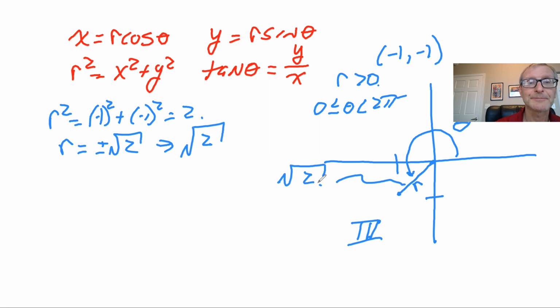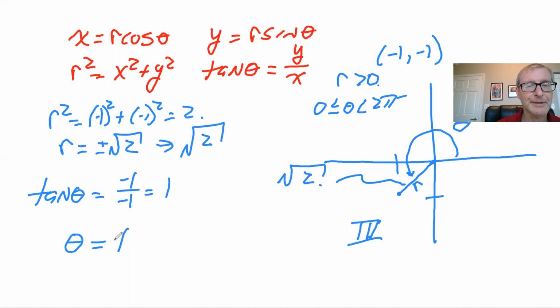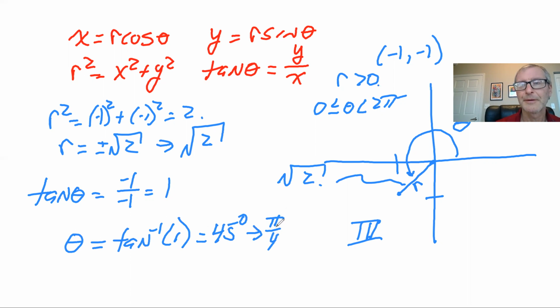So what is theta? Here we'd have to do tan inverse of -1 over -1, which gives us +1. If you did tan inverse on your calculator, you would get 45 degrees, or pi over 4. But you're getting the angle in the first quadrant.